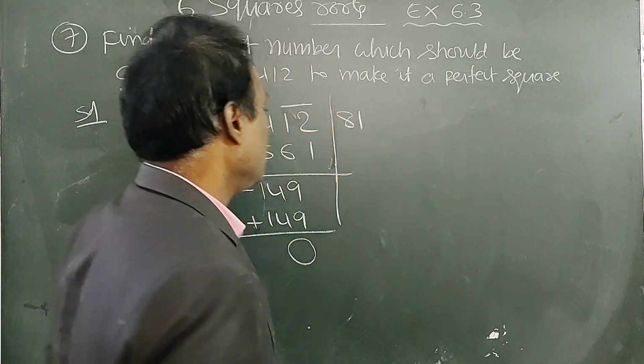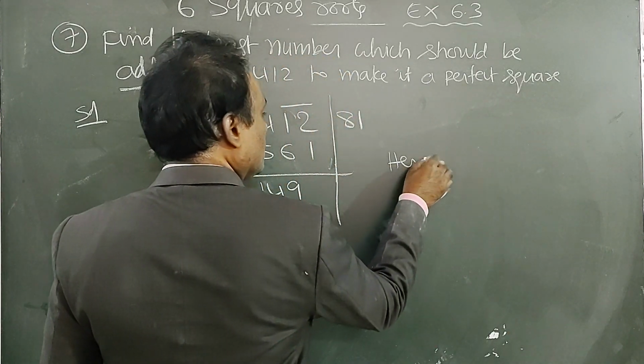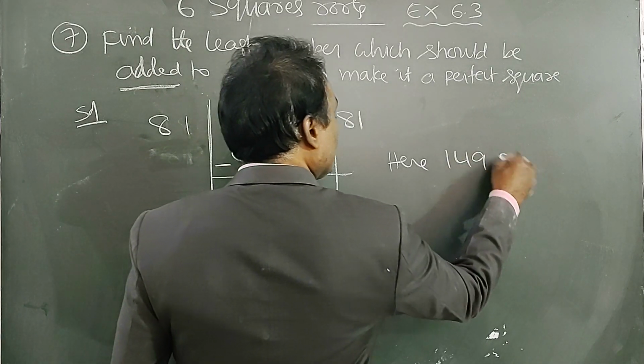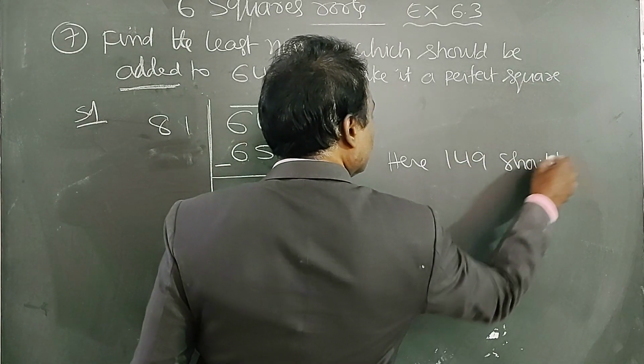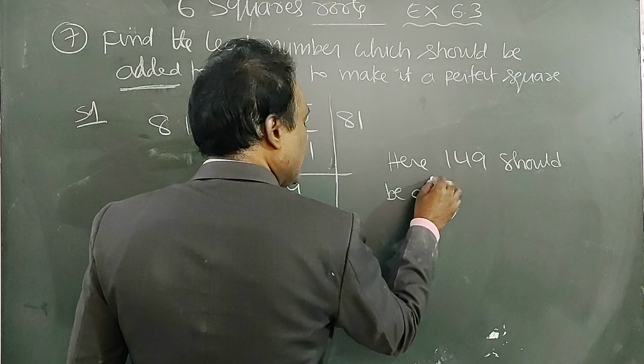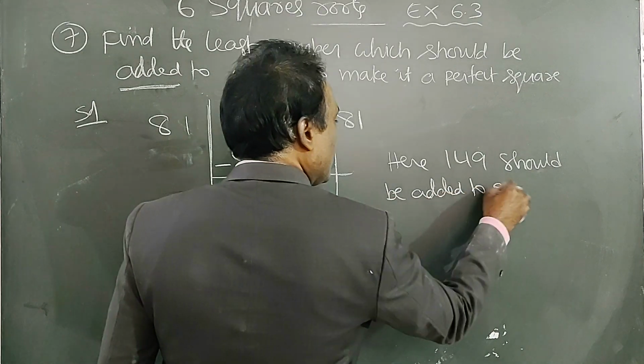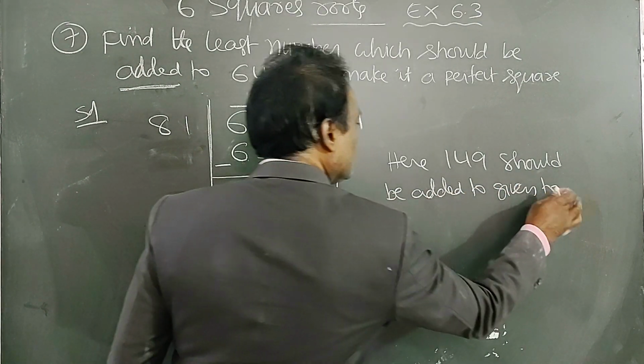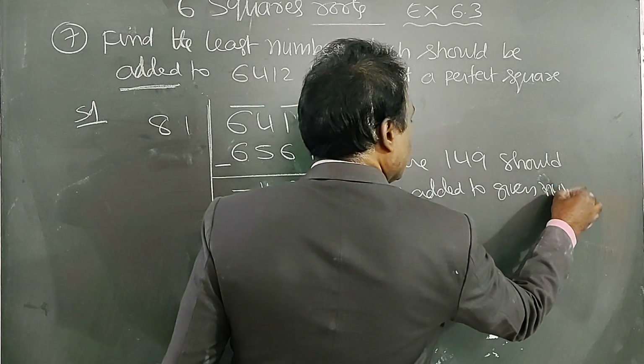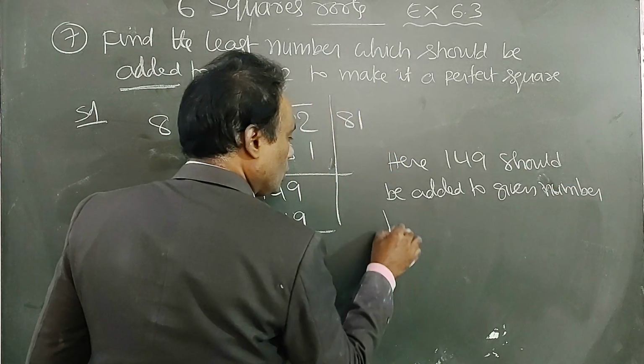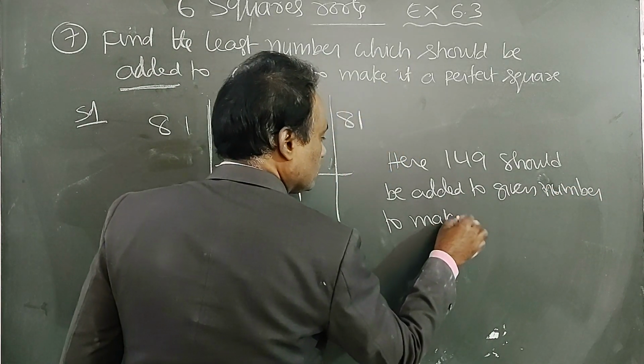So therefore, 149 should be added to the given number to make it a perfect square.